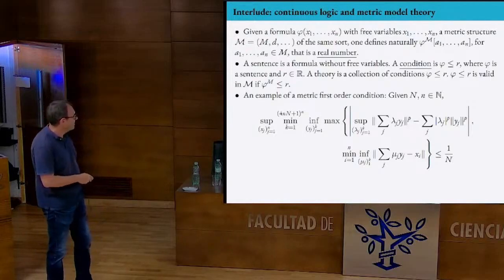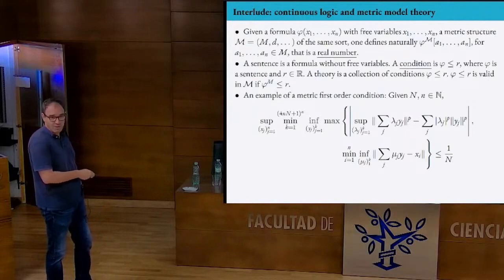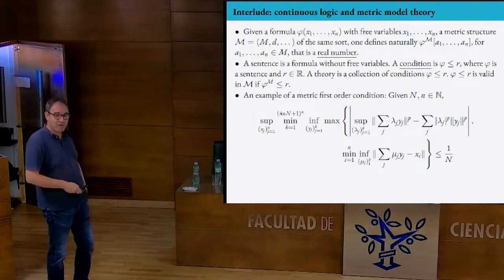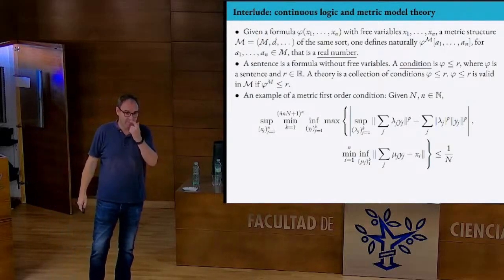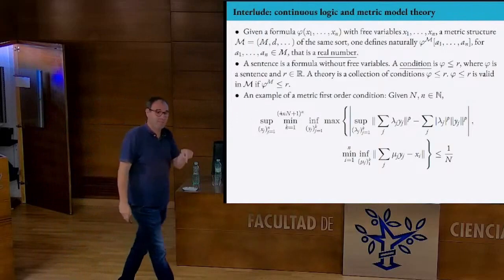Because I'm saying that this number here is small, so this norm here is more or less what it has to be. And given my x_1, ..., x_n, I can put x_1, ..., x_n inside the span of the y_j's up to epsilon, which is 1 over n. This is exactly to say that this is script L_{p,1+}.